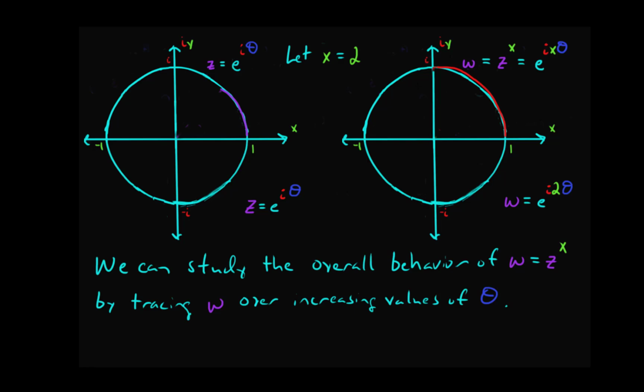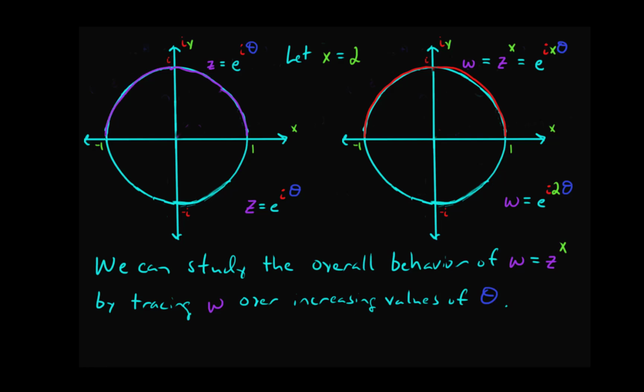All right, what if we were to keep going? So if I go back to my unit circle in the domain of the function z equals e to the I theta, and I trace out a little bit more, so now I've gone to about pi over 2 radians there, then in the output, or in the range of the function, I'm going to have to trace out a theta equal to twice as much. I'm going to have to trace out a theta equal to pi.